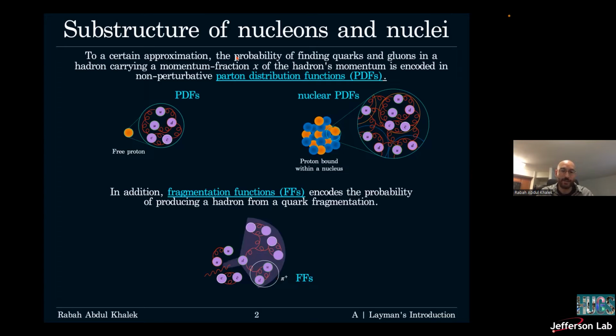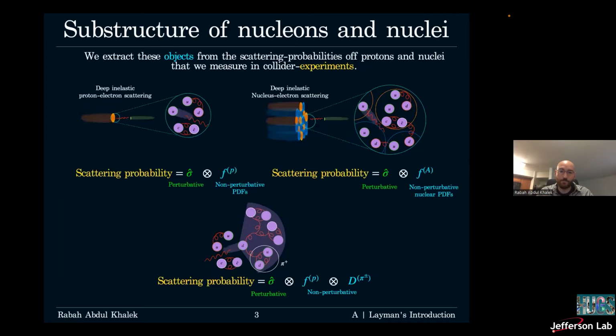So these are three different functions that QCD, quantum chromodynamics, doesn't predict, so you need to extract them from the data. How do we extract them from the data?